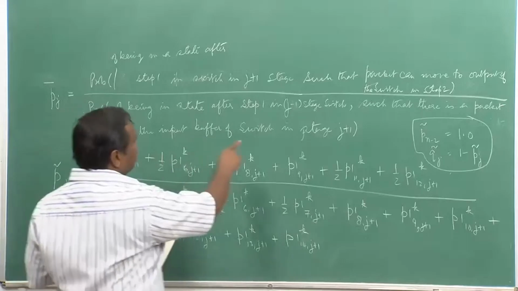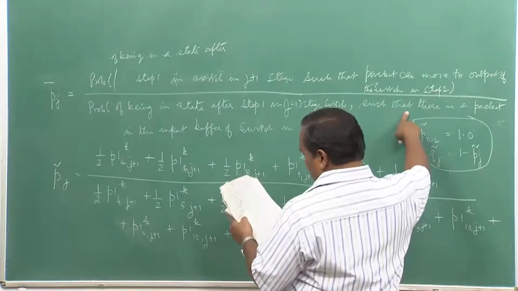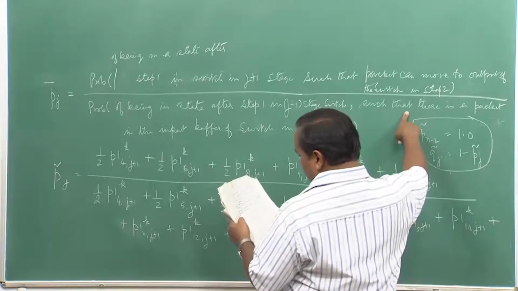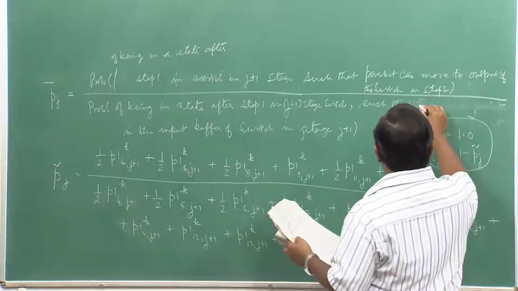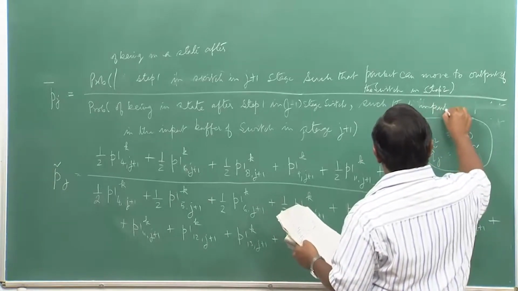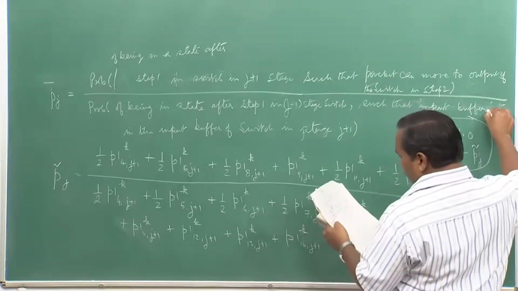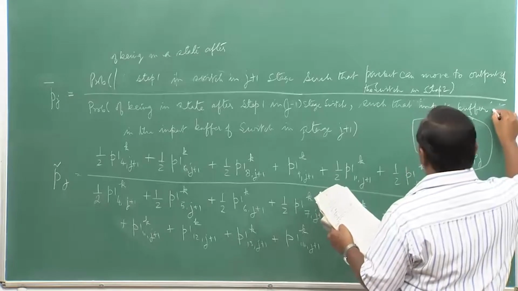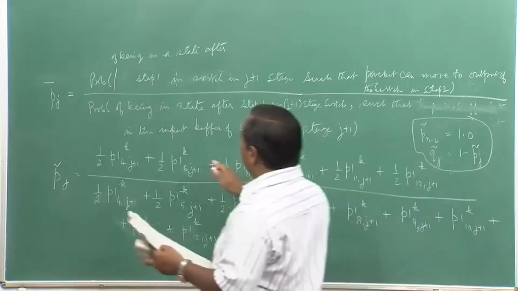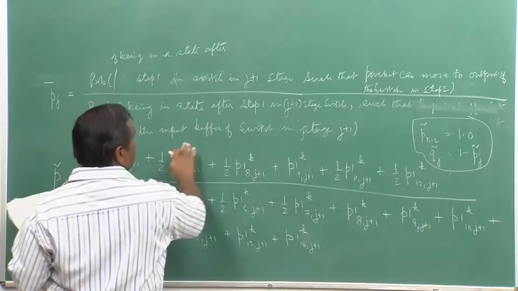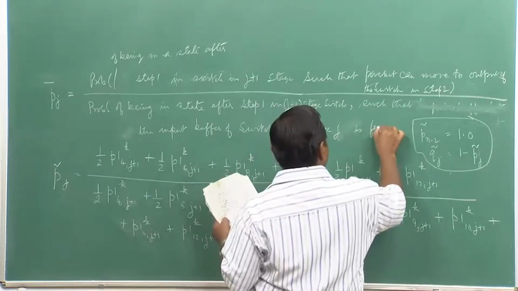So after step 1, j minus 1 state switch such that the input buffer of switch in stage j is free.